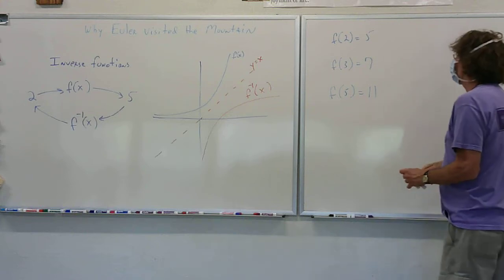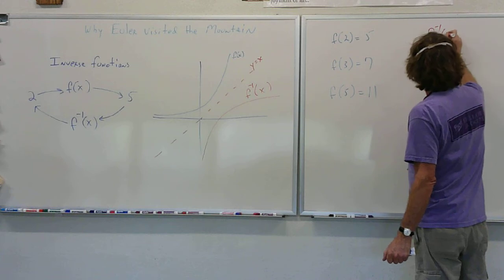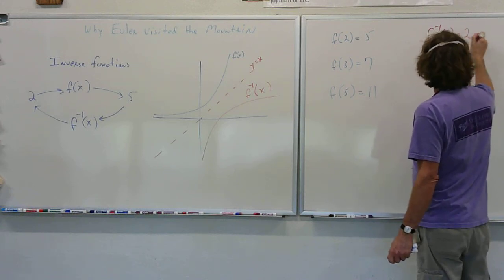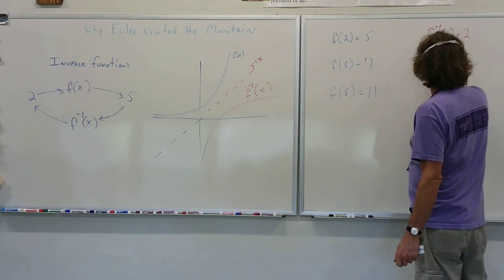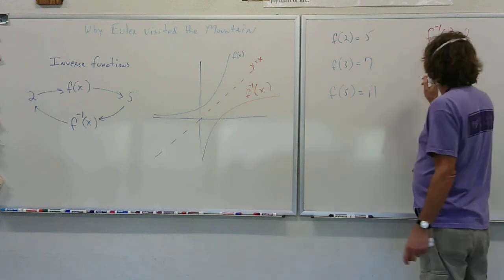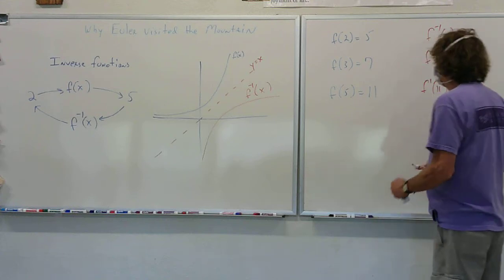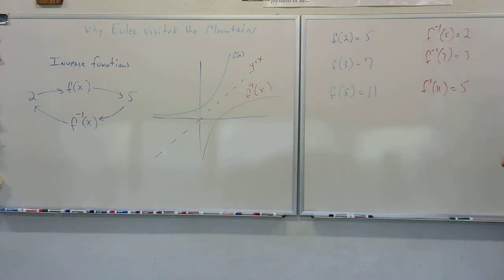I know that if I do the inverse of 5, we're going to go back to 2. If I do the inverse of 7, we're going to go back to what? 3. And if I do the inverse of 11, we'll go back to 5. And that's what you learned in Algebra 2. And I know y'all did because y'all got good Algebra 2 teachers and y'all paid attention and you learned it.